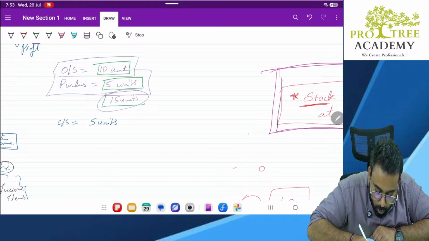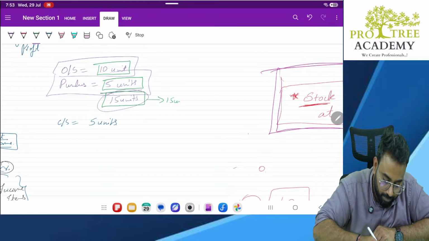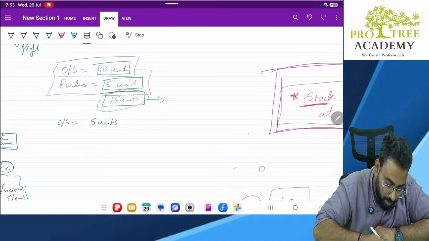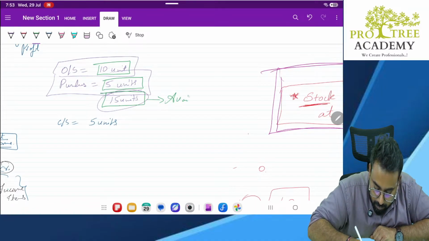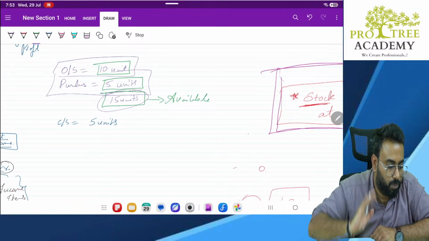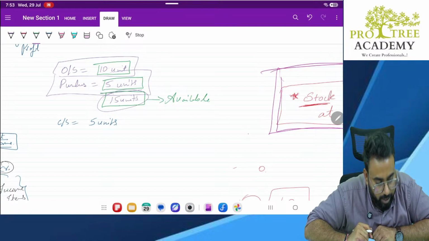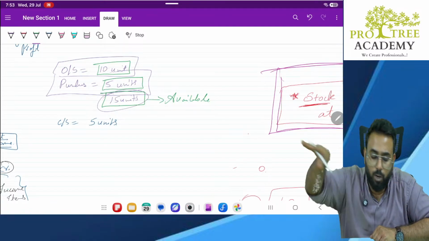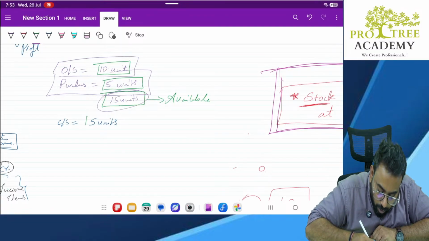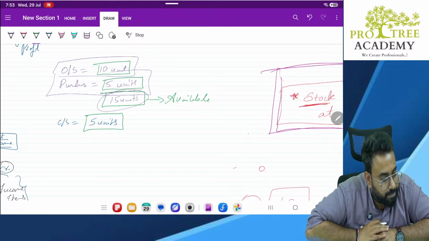So what is your total units available with you? 15 units available with you. Correct? Okay, sir, correct. But when you go to your godown and see, there are only 5 units left.